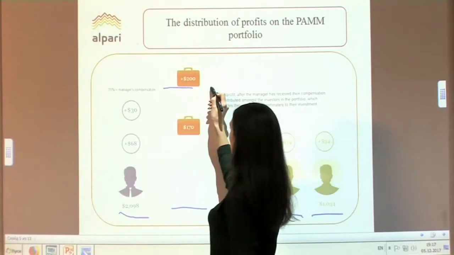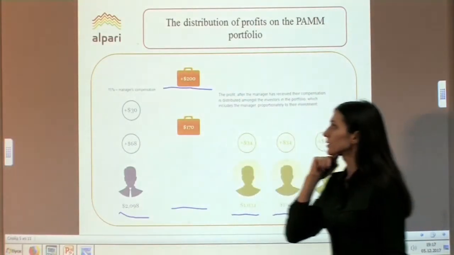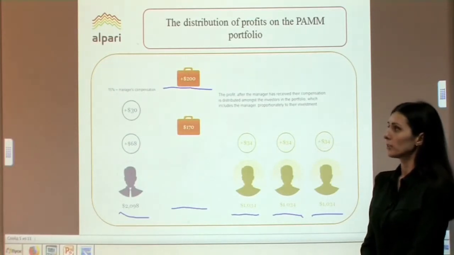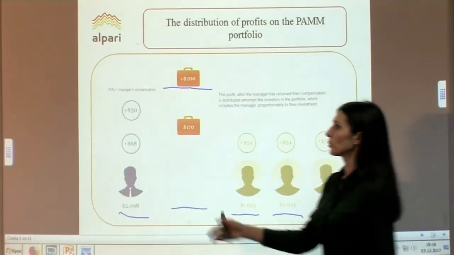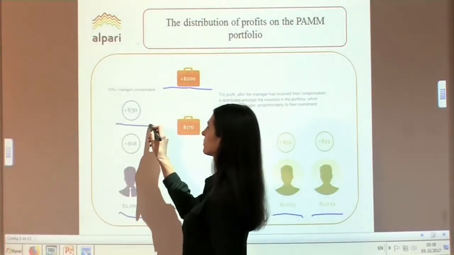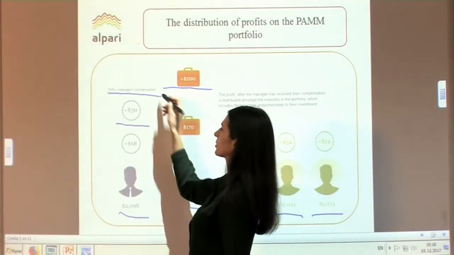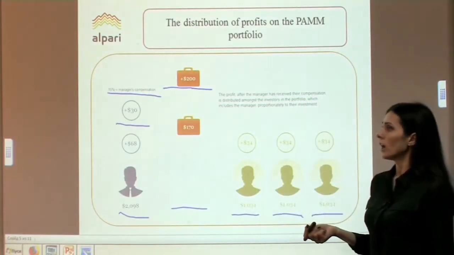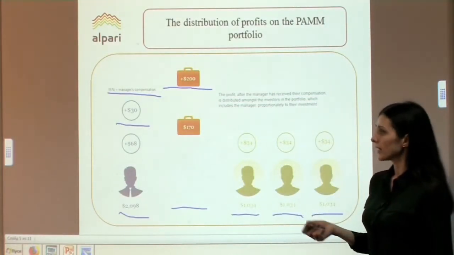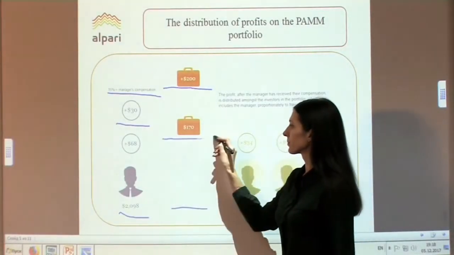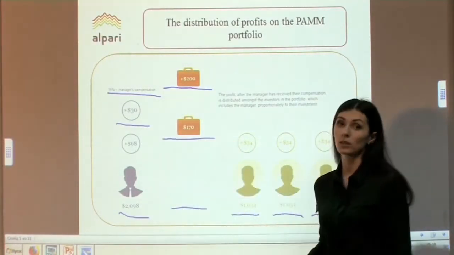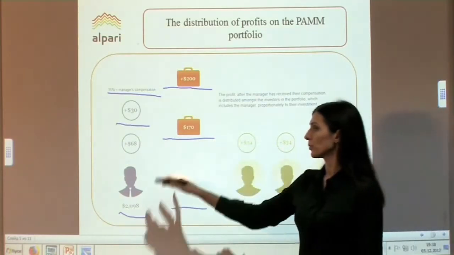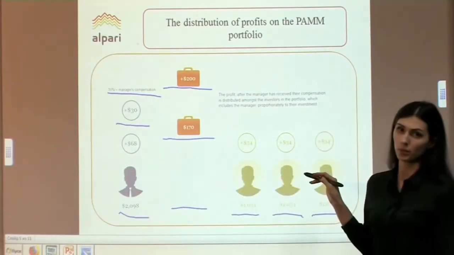Let's guess that the PAM portfolio received $200 plus as the profit. First of all, the manager will receive his manager's compensation, let's say like this, 15% of profit. And after that, the rest of the funds, this is $170, will be distributed among the participants of the PAM portfolio.